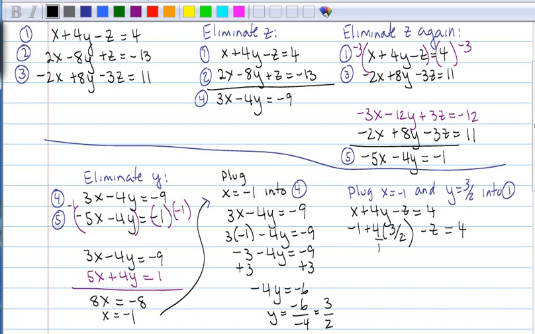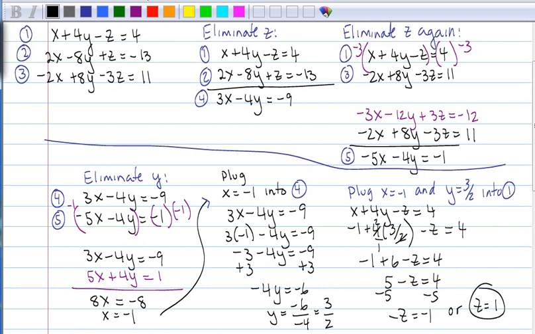And multiplying fractions, 2 goes into the 4 2 times, so we really get negative 1 plus 6, or 5. So subtracting 5 from both sides, you get negative z equals negative 1, or dividing both sides by negative 1, you get z equals 1.